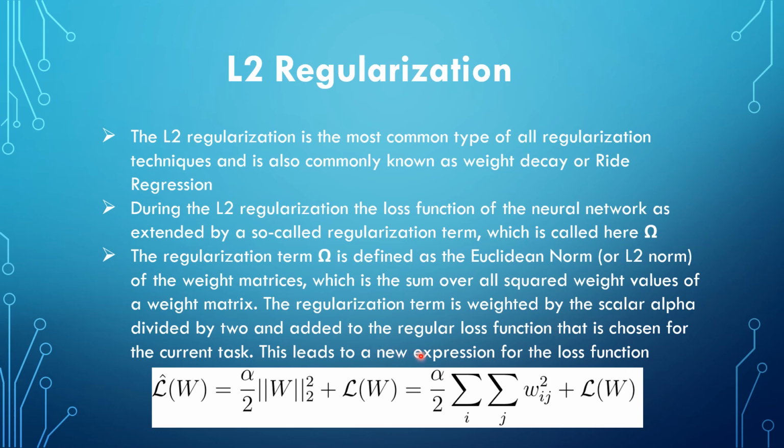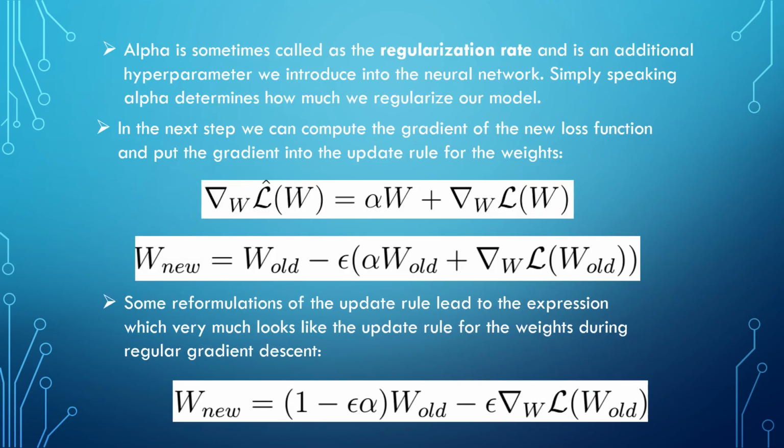This leads to a new expression: L of W equals alpha by 2 W squared plus L of W, which equals alpha by 2 double summation Wij squared plus L of W. Alpha is sometimes called the regularization rate and is an additional hyperparameter we introduce into the neural network. Simply speaking, alpha determines how much we regularize our model.